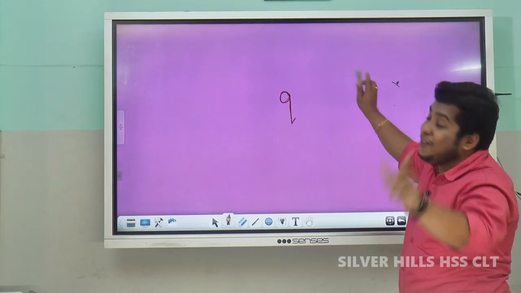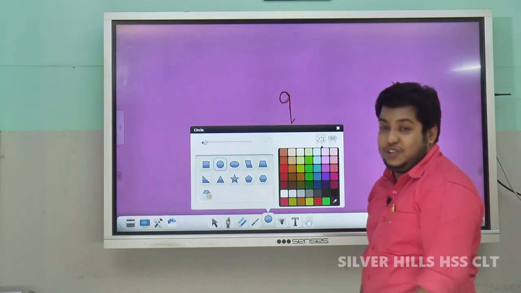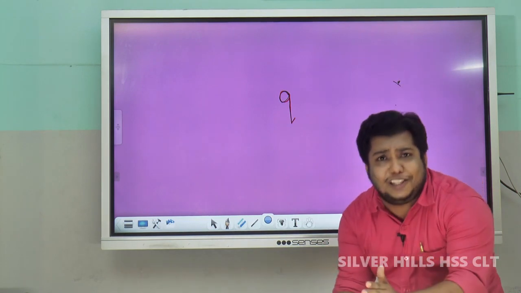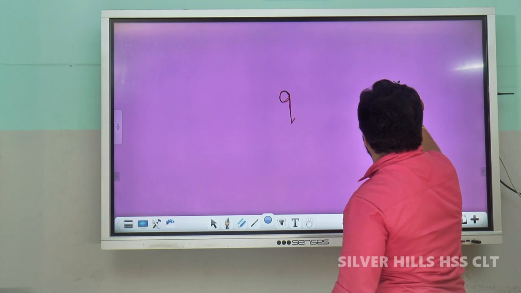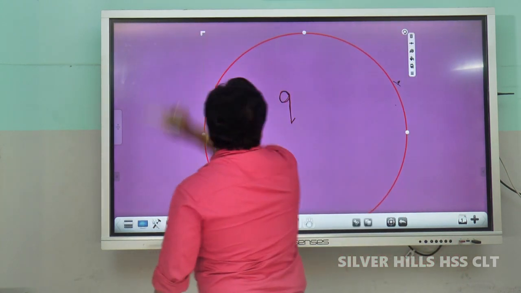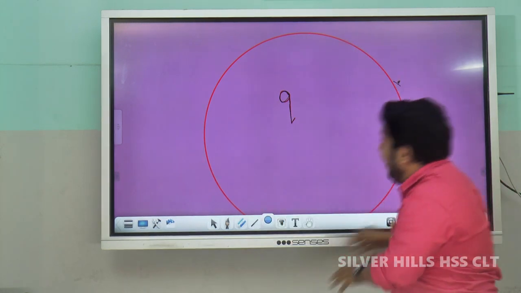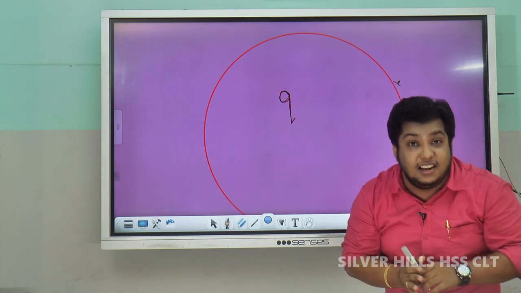So there is a boundary around a charge in which force of interaction is experienced. I am going to mark that boundary. This boundary around a charge is technically called electric field.